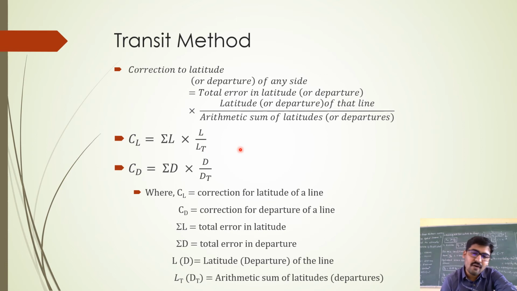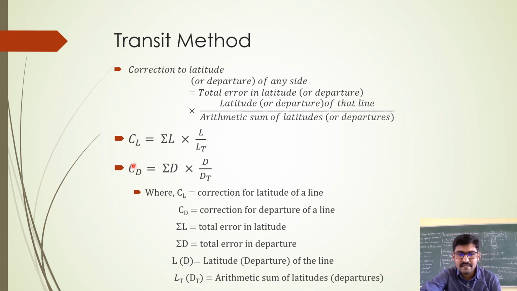When you add all the latitudes without considering the sign, remember it is the arithmetic sum, not the algebraic sum. It means you neglect the plus and minus signs and add all the latitudes. So the latitude of that line divided by the sum of latitudes will give you the correction for the latitude of that line.